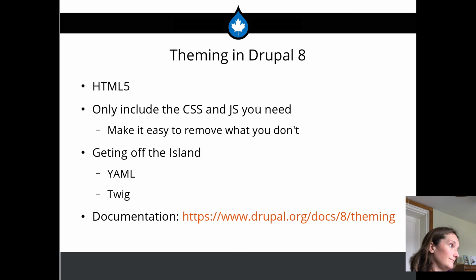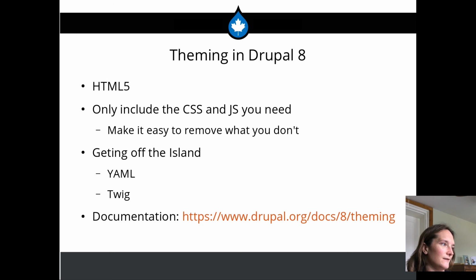And another main point is getting off the island, which getting should be spelled correctly here. So in Drupal 8, Drupal is trying to work towards using more different libraries and methods and standards that aren't just used in the Drupal world. So that's where a lot of these big changes come from.